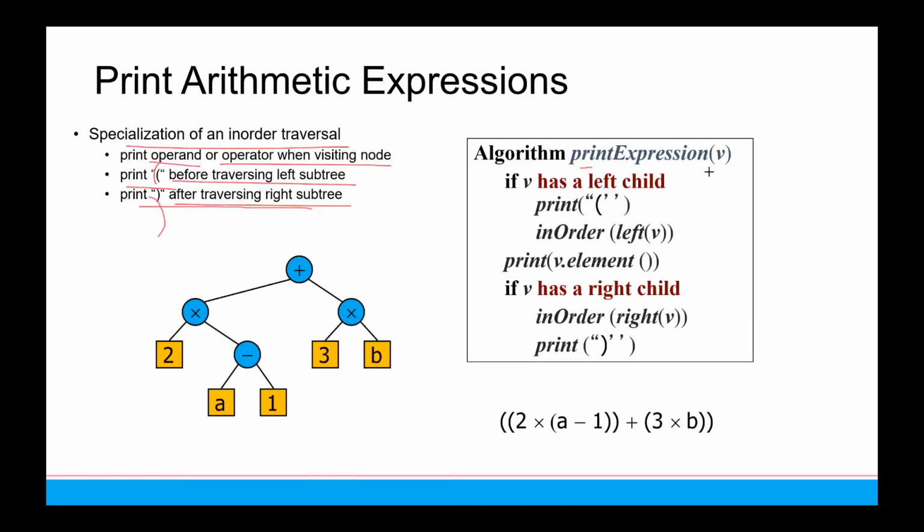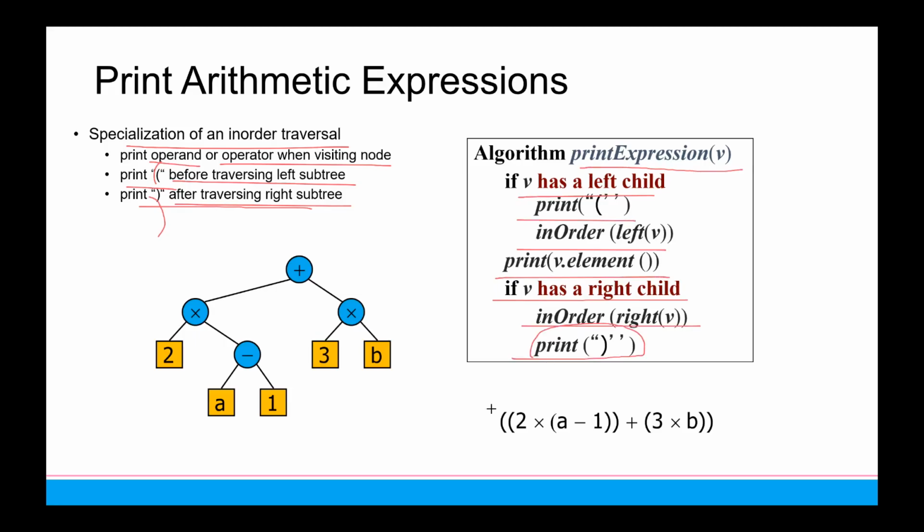So we want to do the print expression. If V has a left child, then print the opening bracket and do in order left V. And then print the V element. If V has a right child, then do the in order right V and then print the closing bracket.